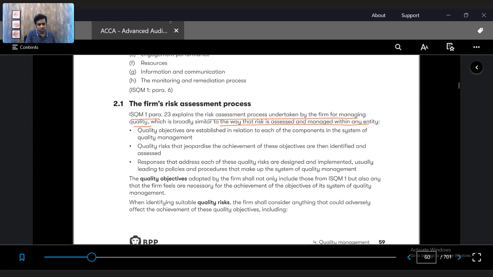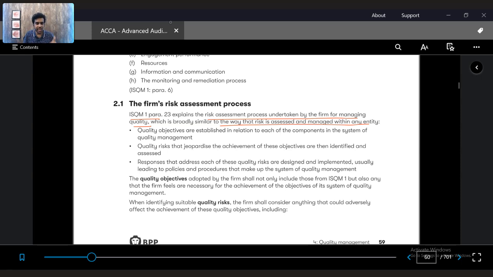Secondly, when a new employee joins the firm, they are monitored for 6 months. Whatever work they do is deeply reviewed by the senior. So any mistakes made by the junior can be identified by the senior and advised, to ensure those mistakes are not committed. So those are the risk assessment processes that are established by the firm.